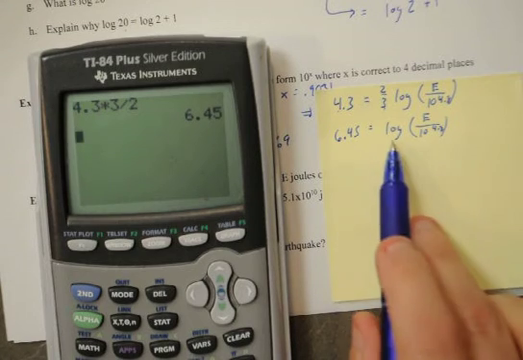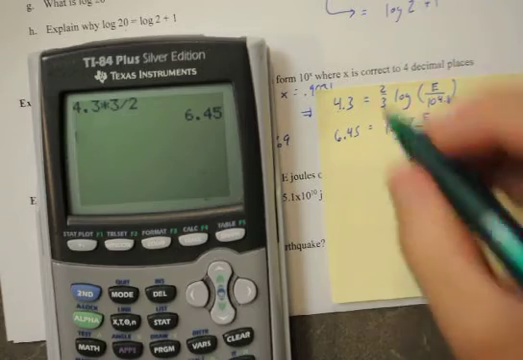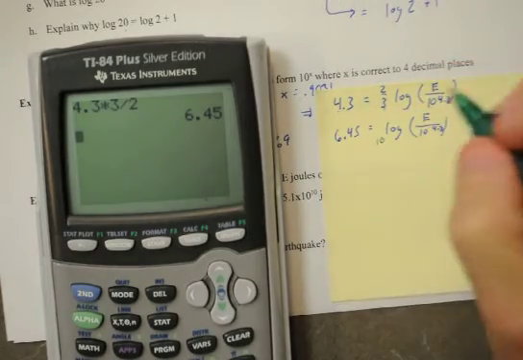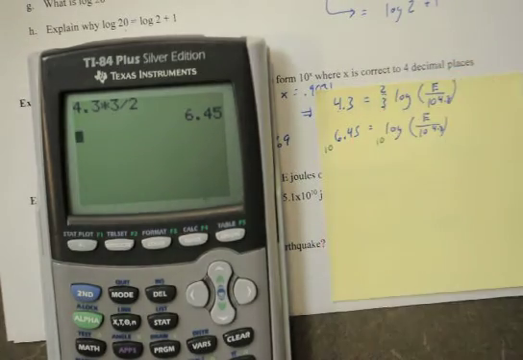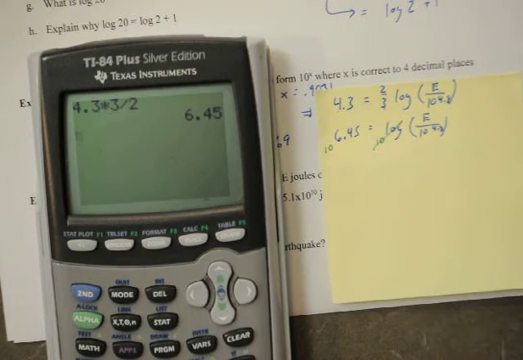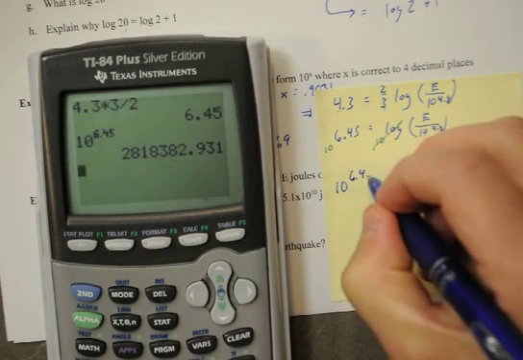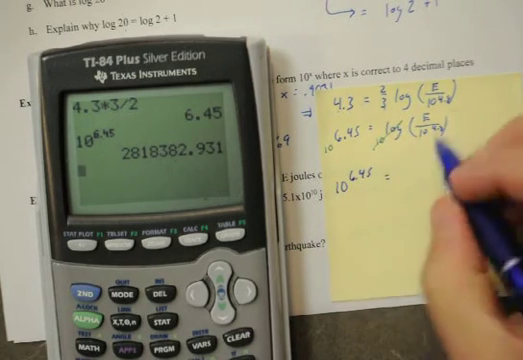Now how do you get rid of a log base 10? You have to raise 10 to that power. So those now cancel out, and now I've got this over here. That's going to be a pretty big number, so I'm just going to keep that as 10 raised to the 6.45 in my calculations.